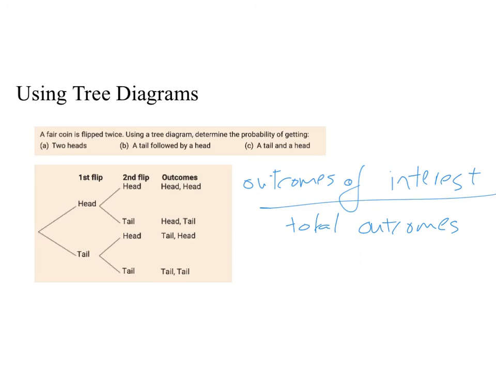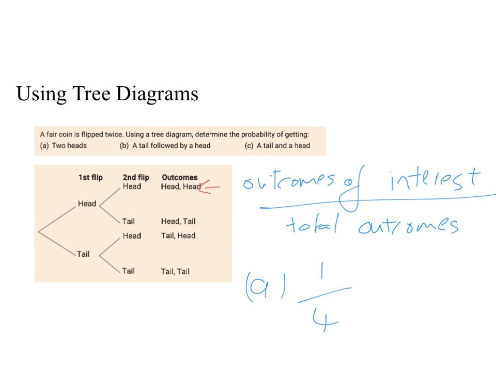So for part A, they're asking us about the probability of getting 2 heads. So that's this outcome here. There's no other outcomes where we have 2 heads being got. So that's one outcome out of a possible 4 total outcomes. So our probability there is 1 over 4.